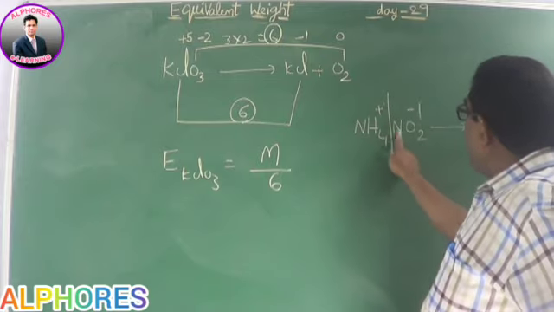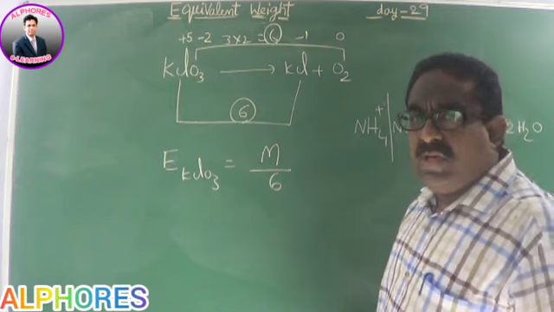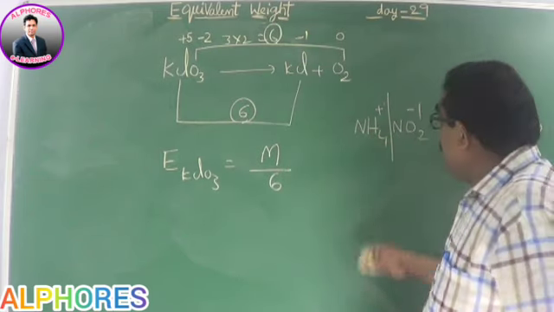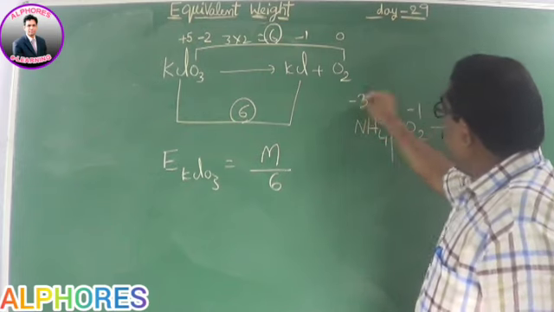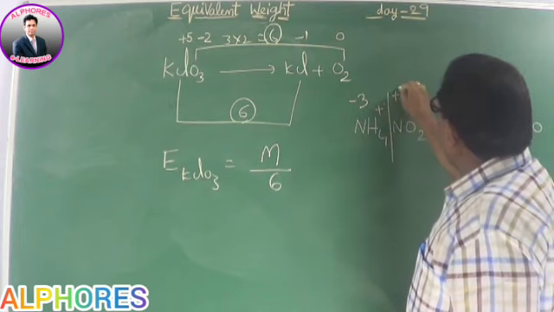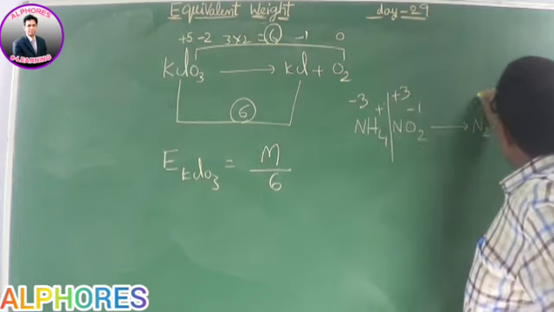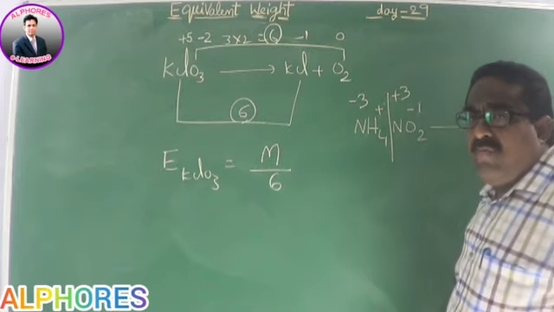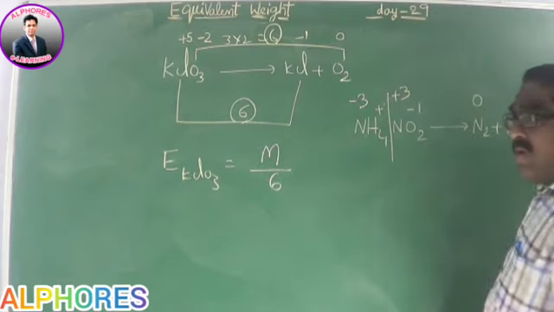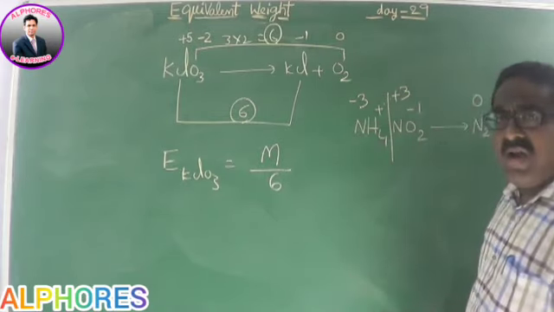This belongs to the cation, this belongs to the anion, but they are present within the same compound. Both nitrogens are present in different oxidation states. Here the oxidation state of this nitrogen is -3 and that of this nitrogen is +5. Finally all the nitrogen goes in the form of only one molecule, N2, where the oxidation state of both nitrogens is 0 as per the basic rules of the oxidation number concept.